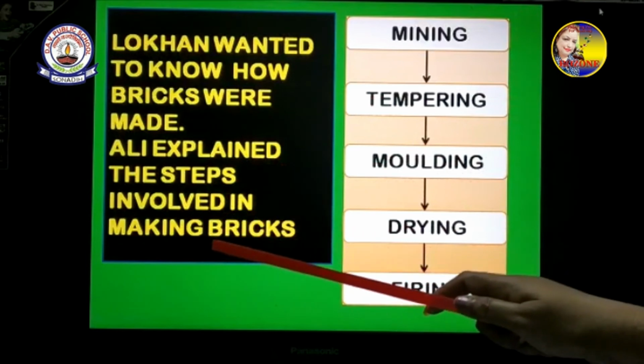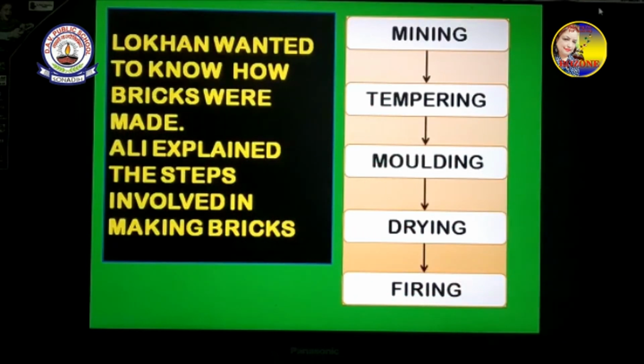Ali explained the steps involved in making bricks. Because it is a step, each step is very important. These are the steps: mining, tempering, molding, drying, firing. Each one is given in your book, and I will explain each one with different pictures, and you will be able to understand.